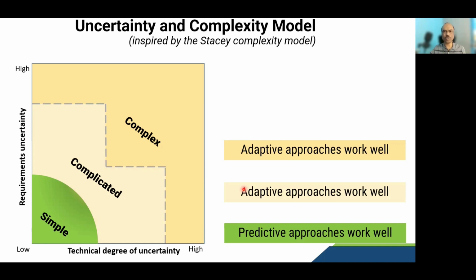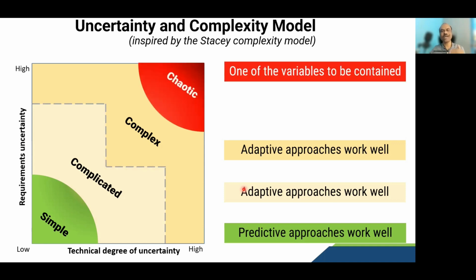And then finally, the chaotic zone. Now, what is the chaotic zone? When the requirements uncertainty is extremely high and the technical degree of uncertainty is also extremely high. Both are extremely high. Both are uncontrollable. Then we are in a very chaotic situation, which means we don't know what exactly to do.